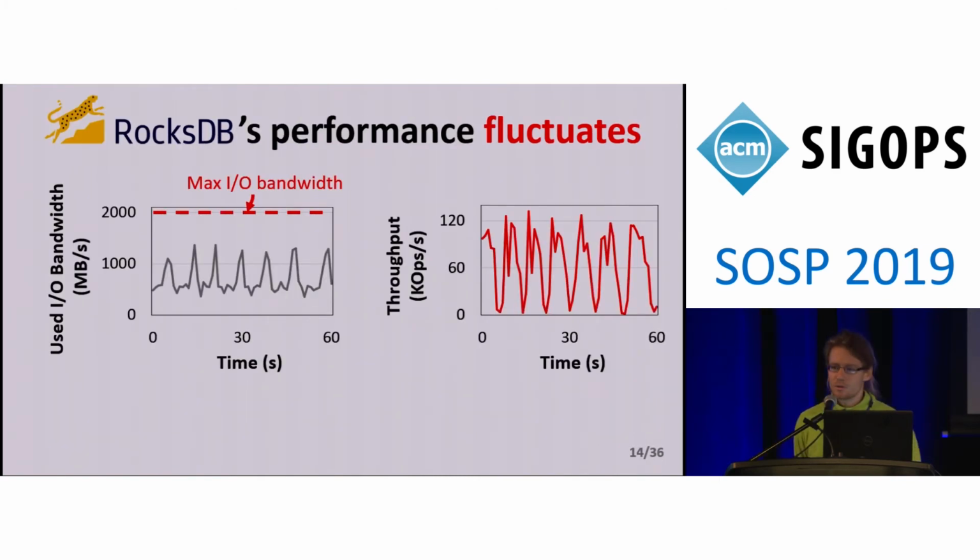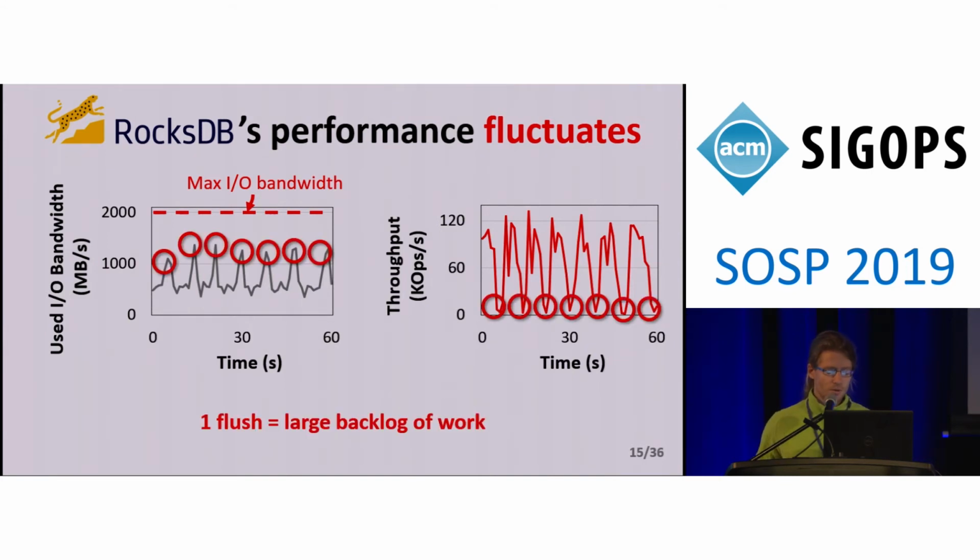What's even more interesting, if you recall the bandwidth over time of RocksDB, is that it fluctuates quite a lot. As you can see on this graph, the bandwidth used by RocksDB has peaks and valleys. These peaks and valleys correlate quite a lot with the throughput of RocksDB, so the number of requests per second that RocksDB is able to handle.